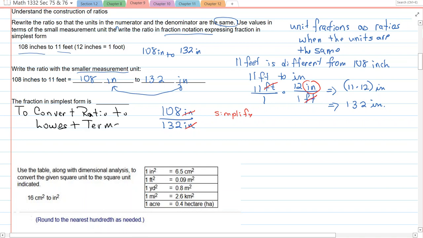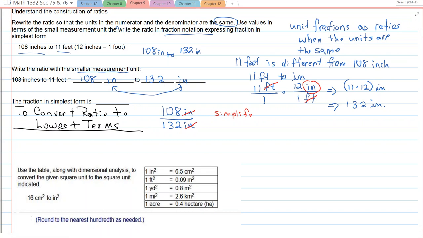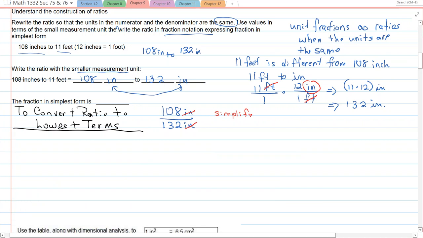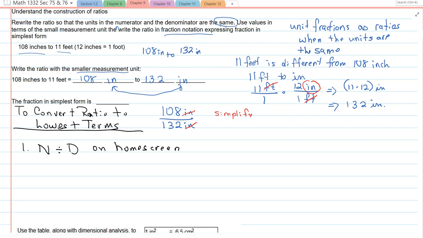All right. Rather than beating you on the head over this, we're going to just write the steps. First, numerator divided by denominator on home screen. Okay, that's what we do.